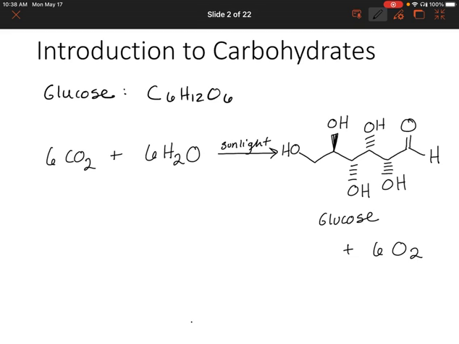Okay, so once we have these carbohydrates, let's talk about how to classify them. So simple sugars are called monosaccharides. And this comes from the Latin word for sugar. And there are more complex sugars that are made up of multiple monosaccharides.